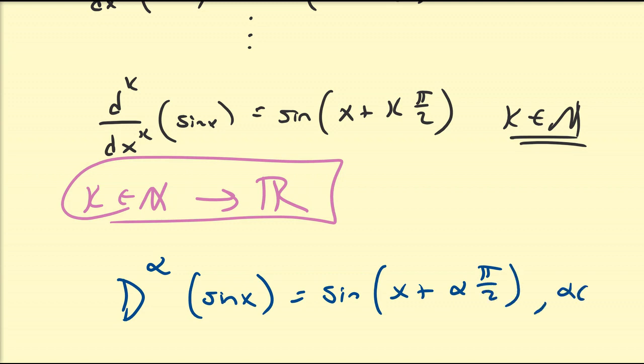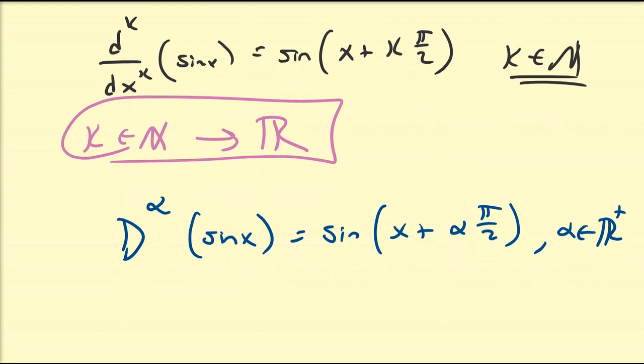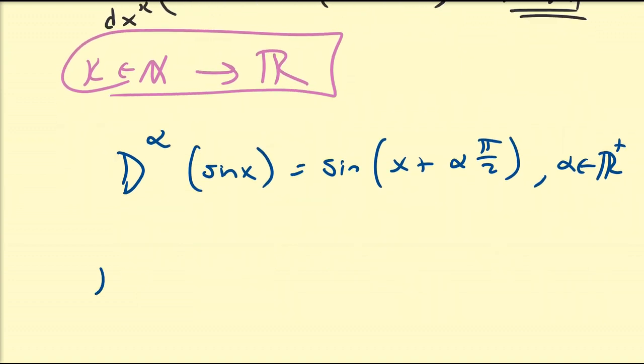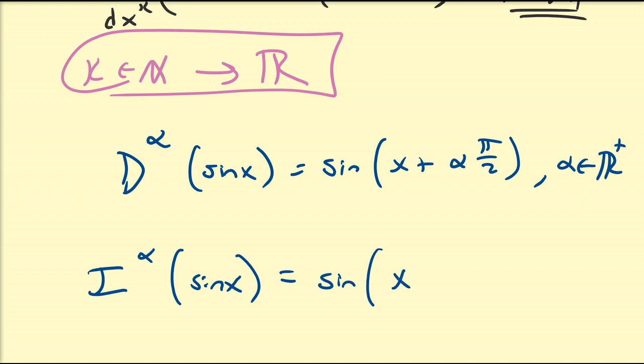And let's assume that alpha is in the set of positive reals here. And we can replace alpha with negative alpha, and we can say the Riemann-Liouville fractional integral of order alpha of sine of x is going to be equal to the sine of x minus alpha pi over 2.